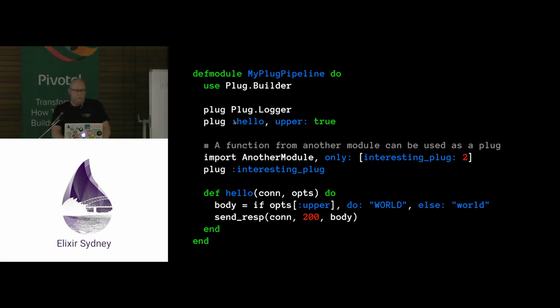So here we've got atom hello, and this is calling this function here. All we're doing is saying if you've got opts upper set to true, then uppercase world, and then send the response. You've got a different kind of function here than we had before, but it's the same thing. Send a 200 with that body.